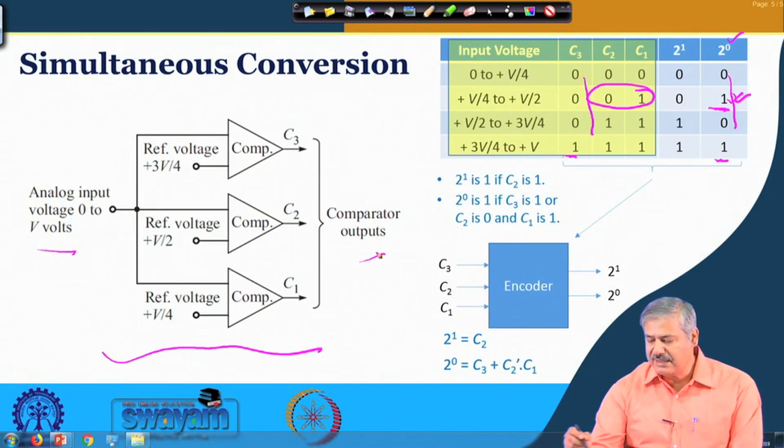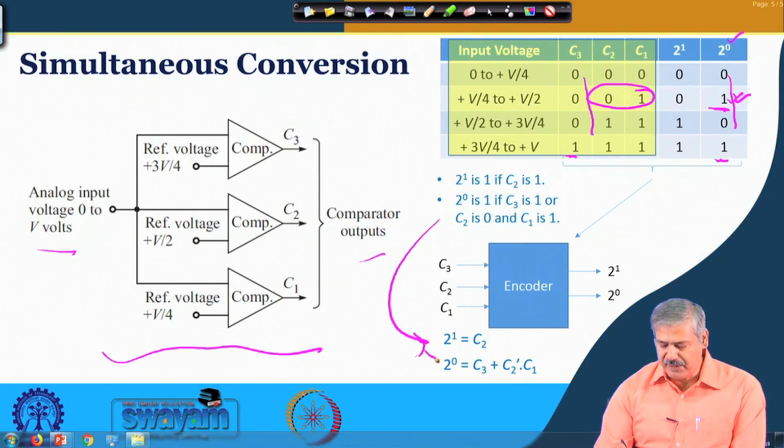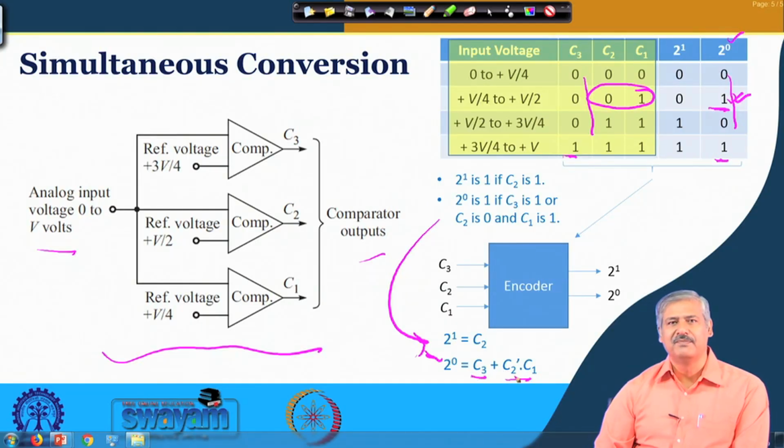At that time we can see that C2 is 0 and C1 is 1, the output is 1. So, we can write this English statement in the form of a logic relation: C3 plus C2 prime C1. Is it fine?